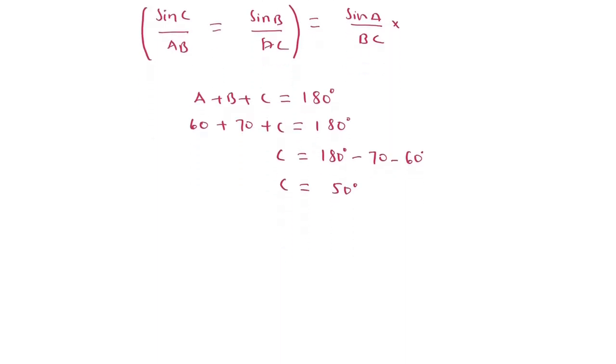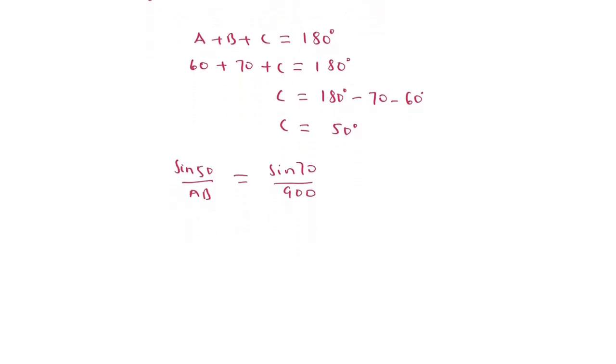Then substituting this value into our relation, we are going to have sine 50 over AB equals sine 70 over 900. Okay, so now let us cross multiply these values.